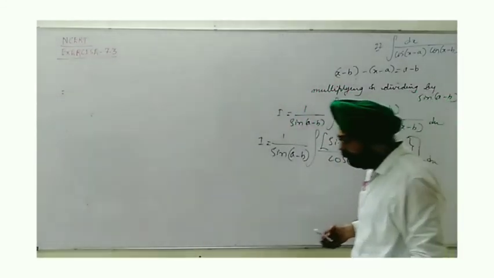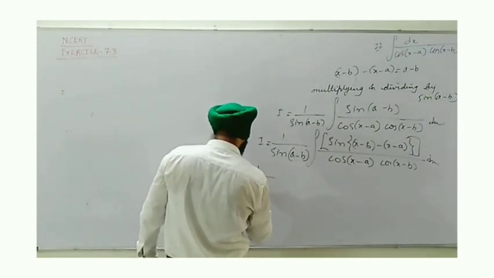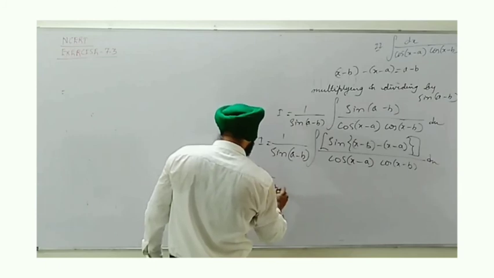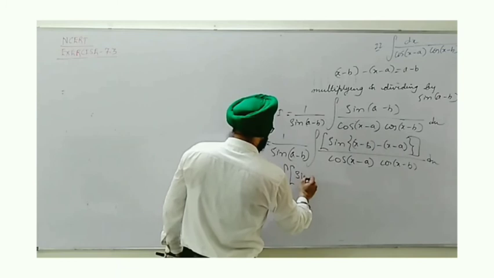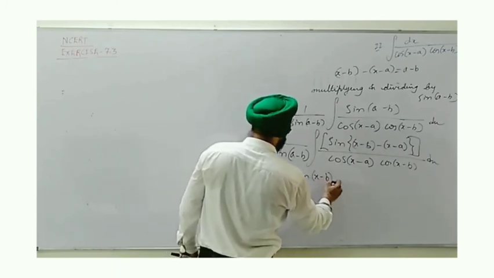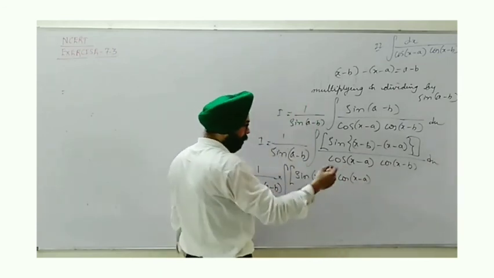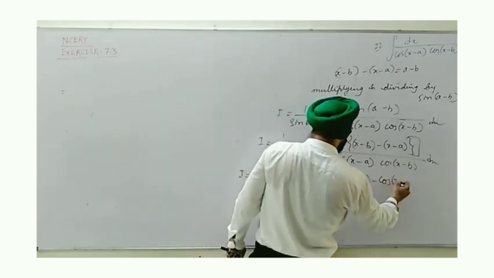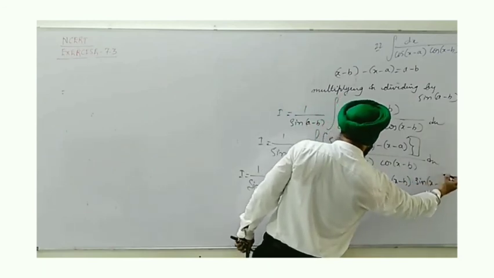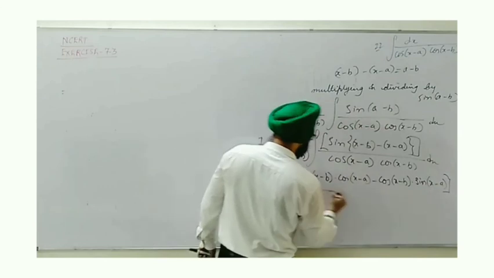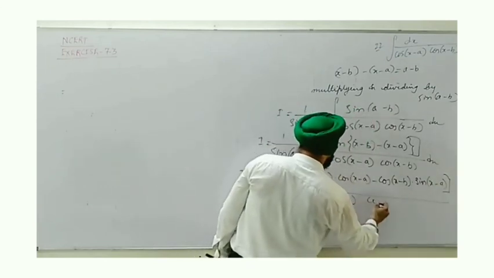If I apply the identity, we find sine of A means x minus B, cos of B means x minus A, minus cos of x minus B and sine of x minus A. The denominator remains as it is, no change in the denominator.